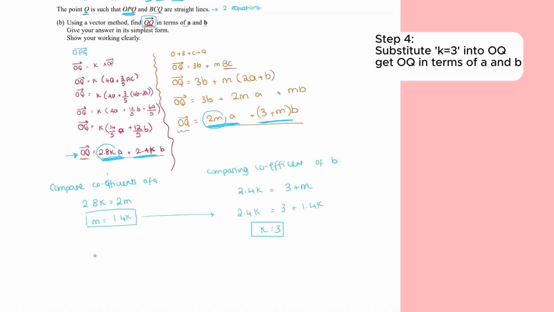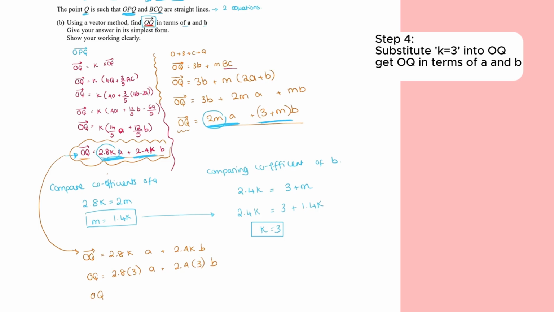So here's my equation that I'm putting it in. We've got OQ equals 2.8k a plus 2.4k b. So I'm going to put this one over here. So OQ equals 2.8 times 3 a plus 2.4 times 3 b.